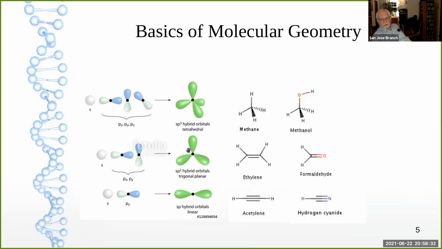It doesn't have the third dimension, it's just planar. And examples of that type of hybridization are in ethylene, and that's what you see in double bond molecules, right? So ethylene has these two sp2 ends, and formaldehyde is another sp2 type molecule.